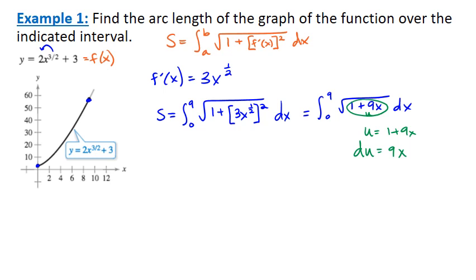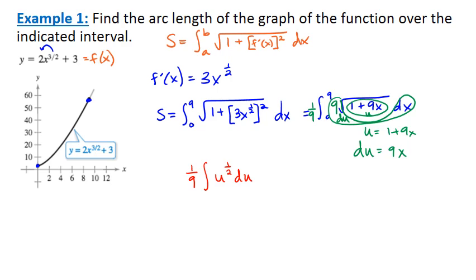We do not have the 9, so I will put a 9 here and I will undo it on the outside with the 1/9. So if this is u, then this is du. So we end up with 1/9 times the integral of the square root of u. And remember, the square root of u is the same thing as u to the 1/2 power.